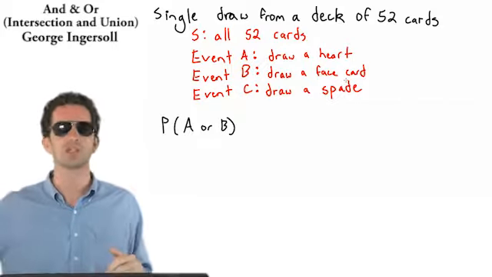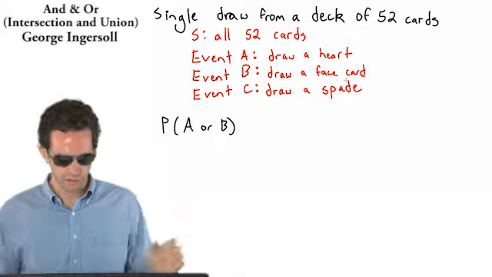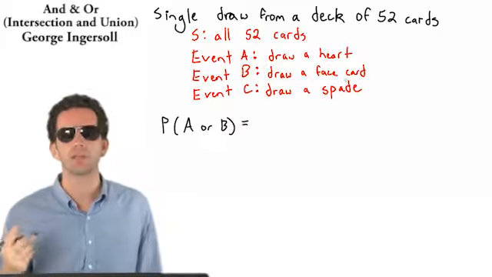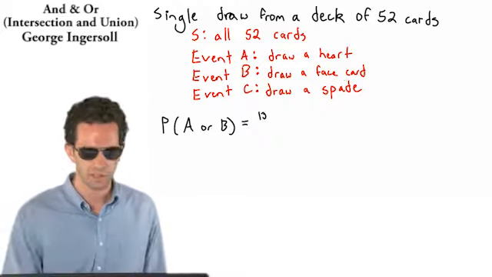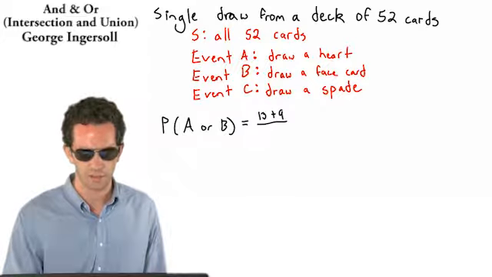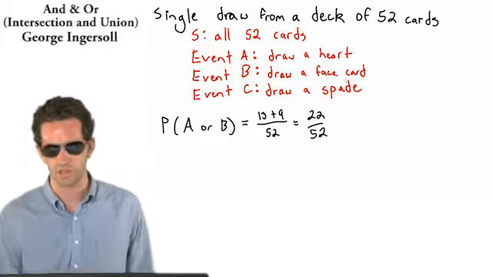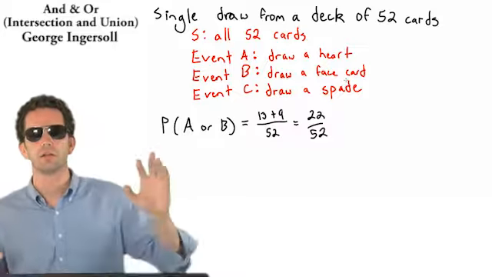So there's 9 additional face cards. So if we add those all together, common sense tells us there are 13 plus 9 over 52 equals 22 over 52 cards that are either hearts or face cards.